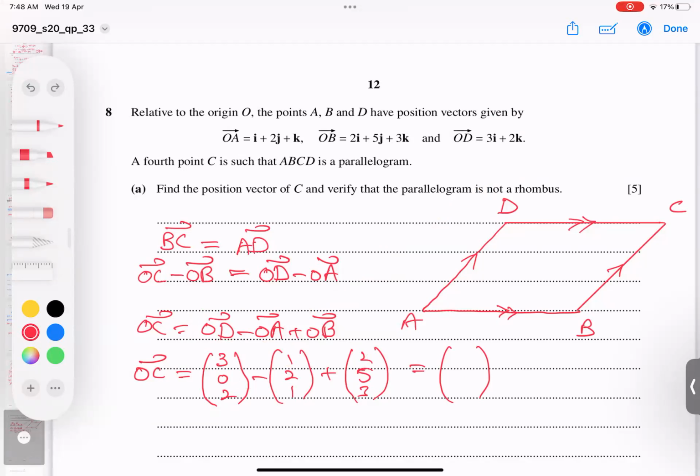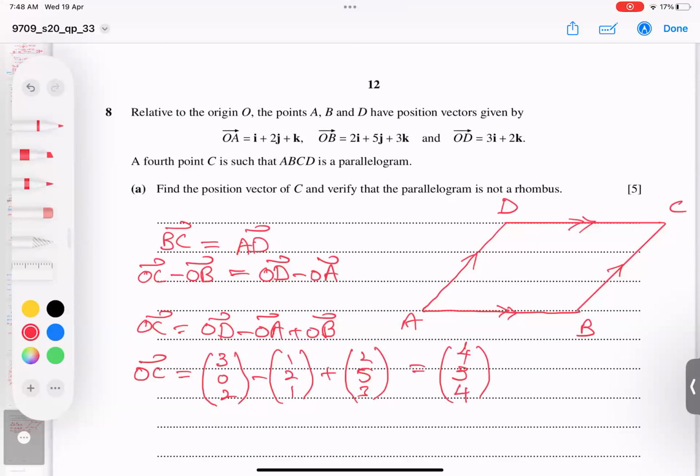So in short, the answer is coming. Wait a minute. Yes, 3 minus 1 is 2, and 2 plus 2 gives you 4. 0 minus 2 is minus 2, plus 5 gives you 3. And 2 minus 1 is 1, and 1 plus 3 gives you 4.